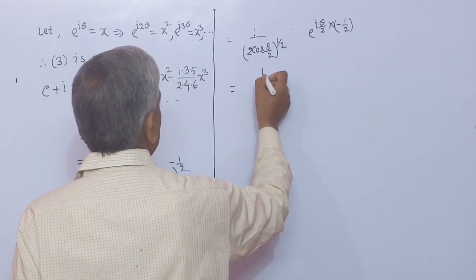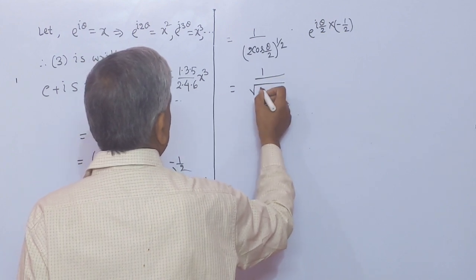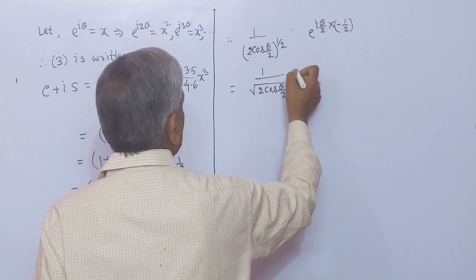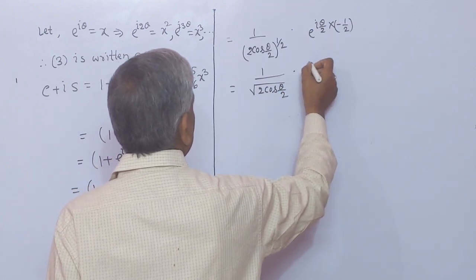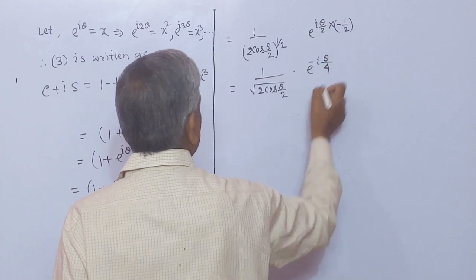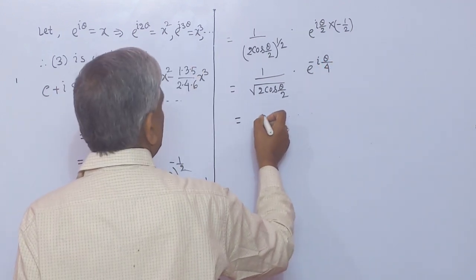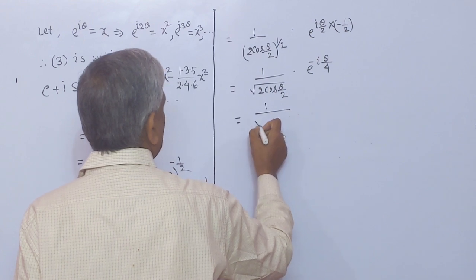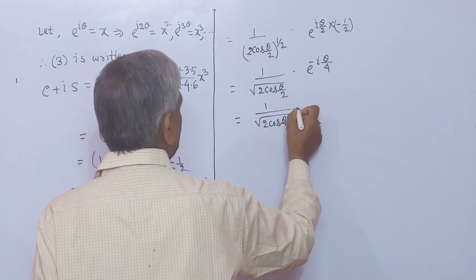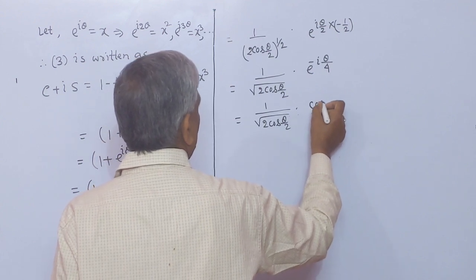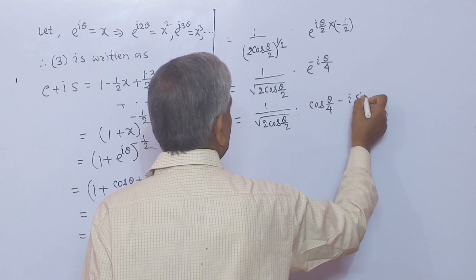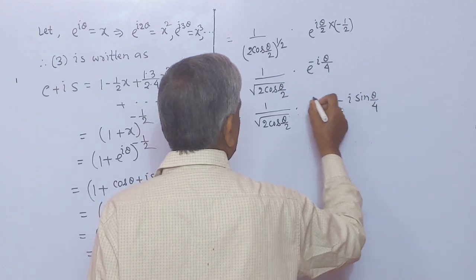This is equal to 1 by square root 2 cos theta by 2 multiply e to the power minus i theta by 4. This is equal to 1 by square root 2 cos theta by 2 multiply cos theta by 4 minus i sin theta by 4.